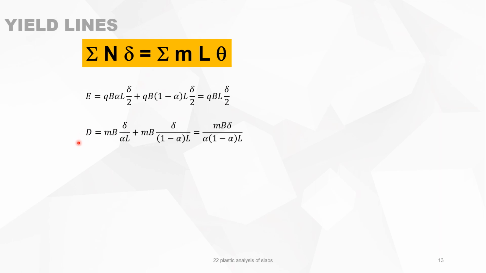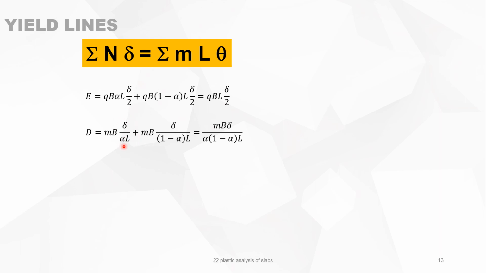And then the internal energy dissipated by rotation about the yield lines. On the left-hand side, it is M projected on the axis of rotation, b times delta divided over the maximum distance alpha L, that is theta.